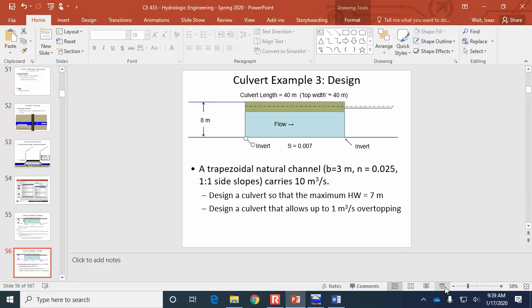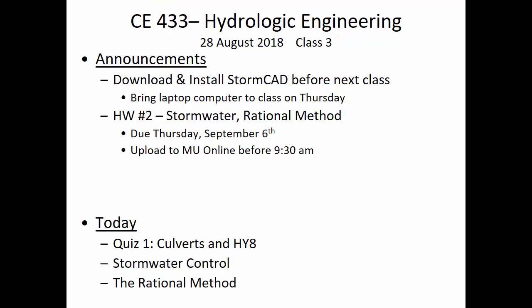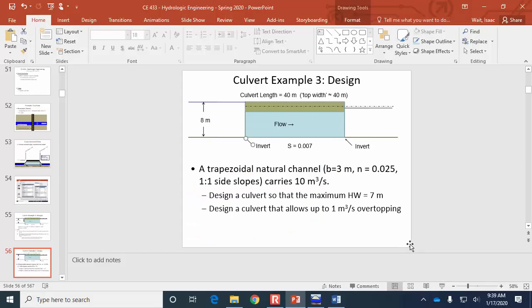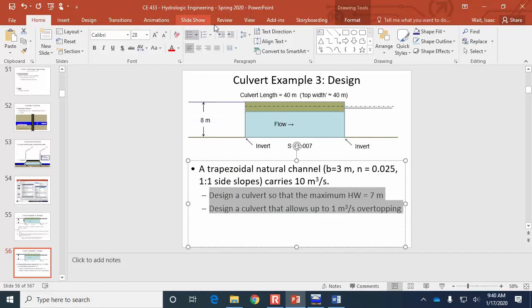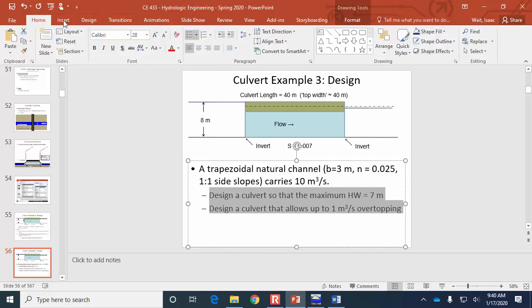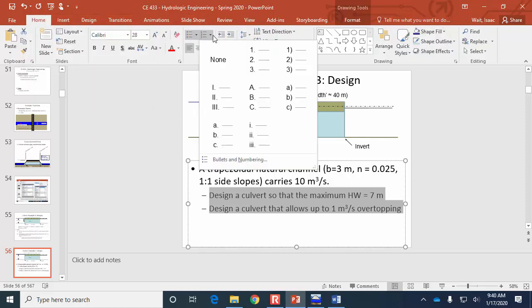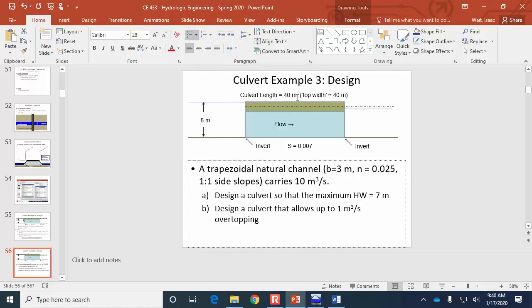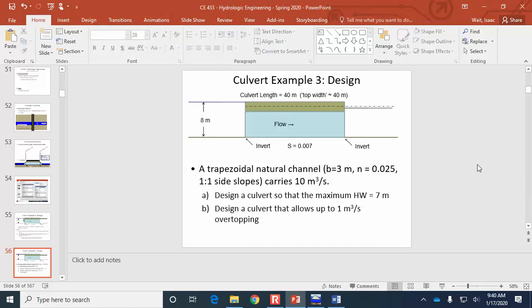All right. So what are the limits of this program? What do you mean? Like, is there any limitations to it? Oh, there must be, right? It only designs culverts?